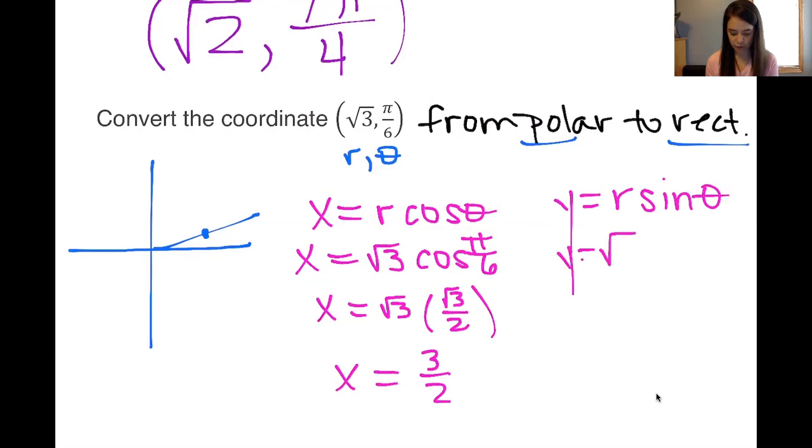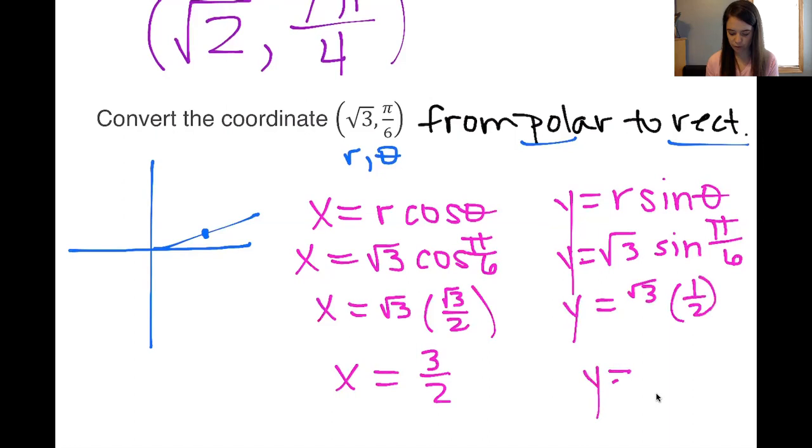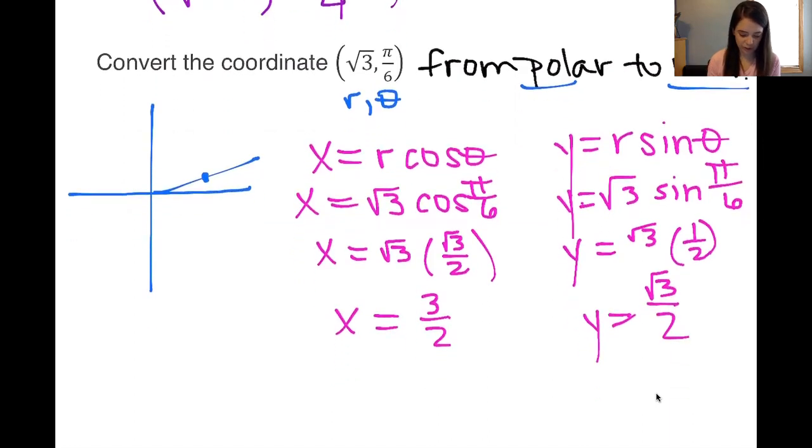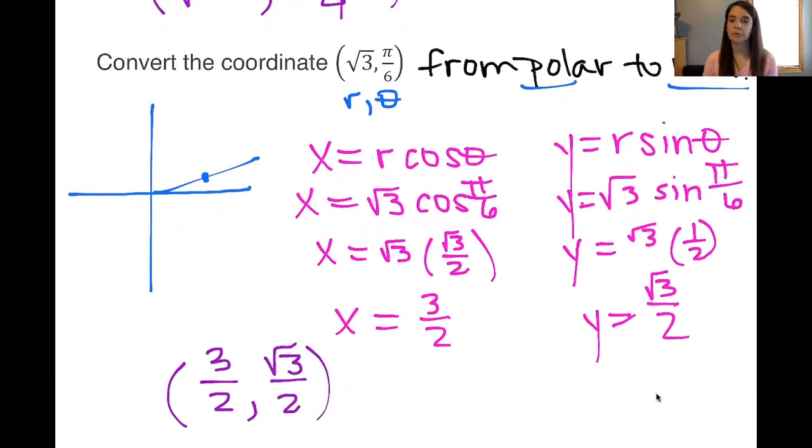So we have radical 3 times the sine of pi over 6, and we know that the sine of pi over 6 is 1/2. So our y coordinate is radical 3 over 2. In rectangular form, our coordinate is 3/2, comma, radical 3 over 2.